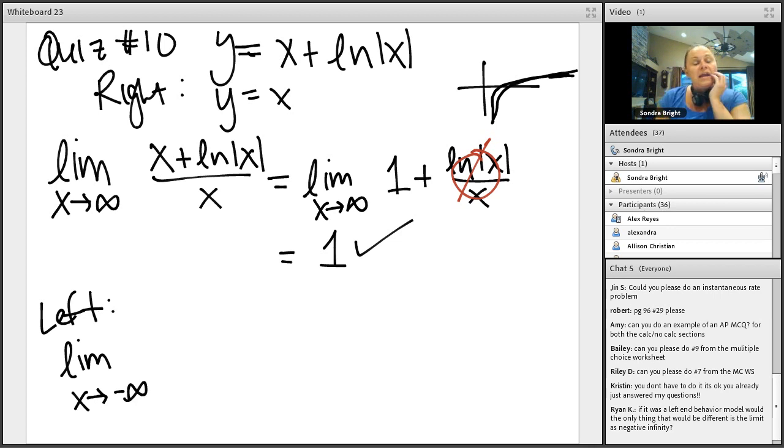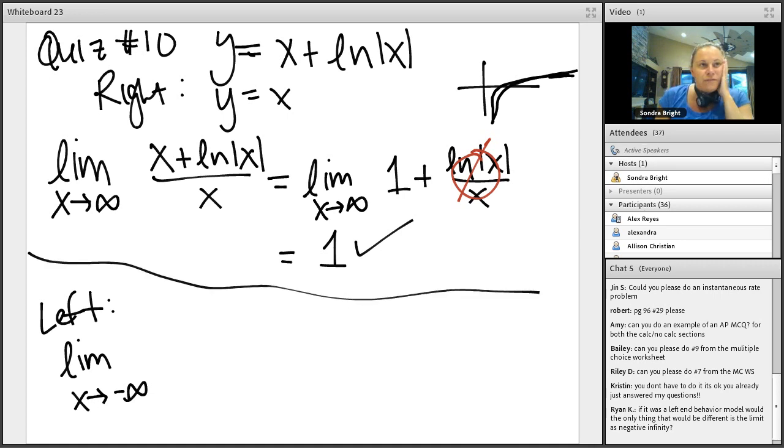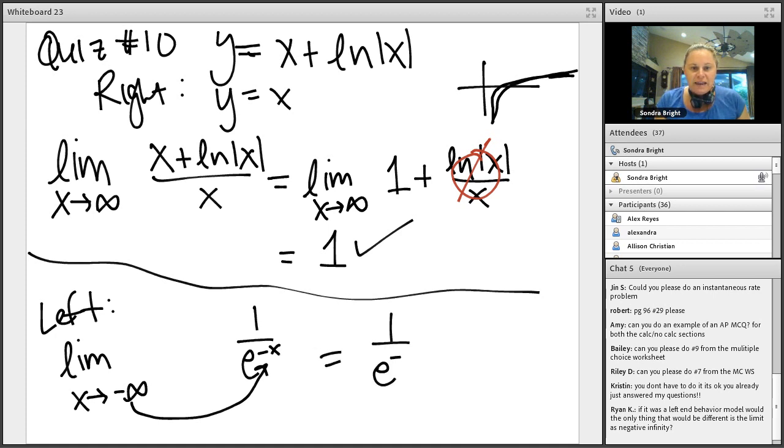And just keep in mind, on that last example, which I thought was really great, an e to the negative x. When you plug negative infinity into e to the negative x, that's like saying 1 over e to the negative of negative infinity, which means it's 1 over e to the positive infinity, which means it's going to zero out, right?